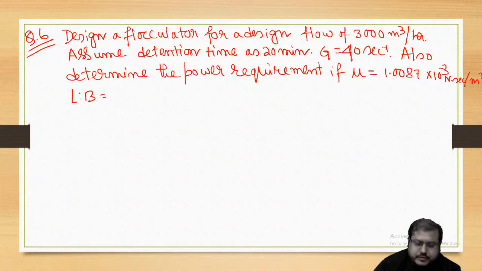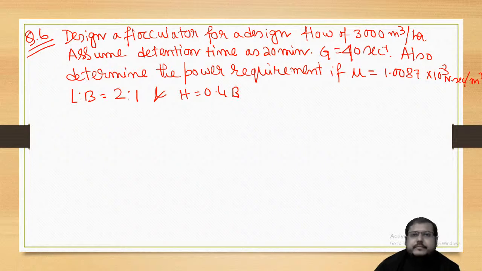L to B ratio is 2:1 and height is considered as 0.4 B. Solve it.